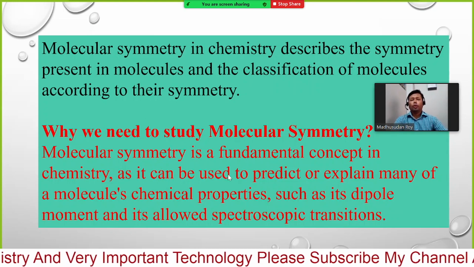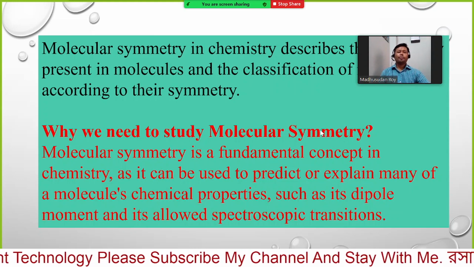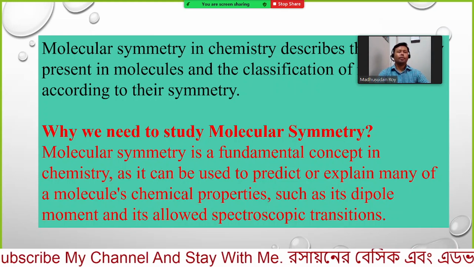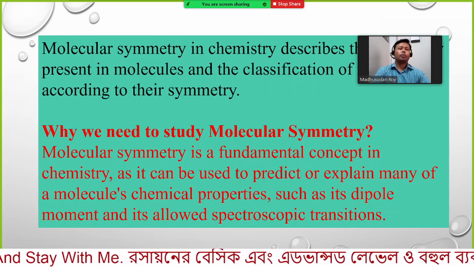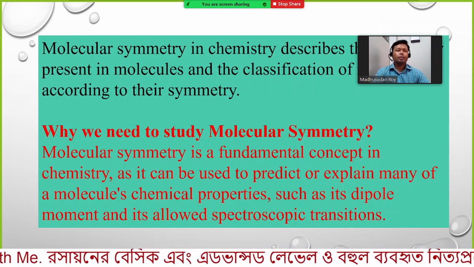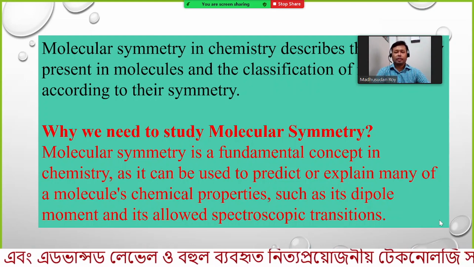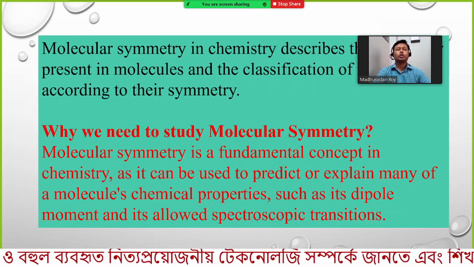So why do we need to study molecular symmetry? I already mentioned that it is very fundamental, because for studying different types of chemical properties we need to know the molecular symmetry, such as the dipole moment, IR spectra, or different types of spectroscopic study.